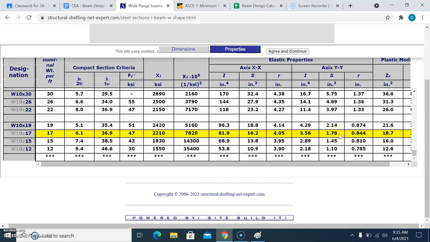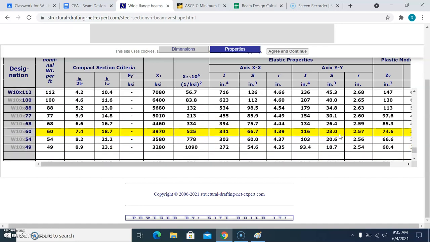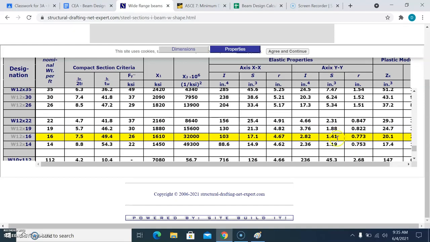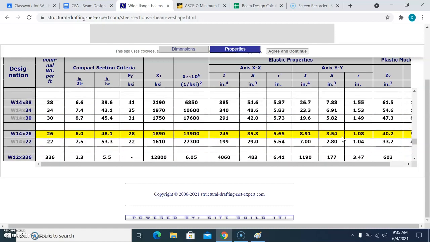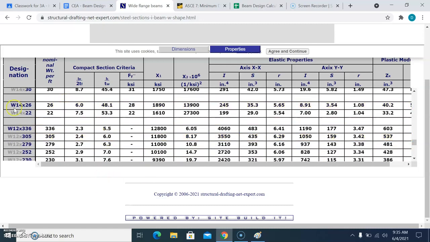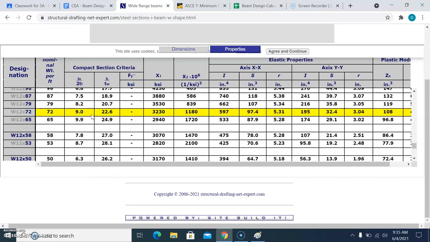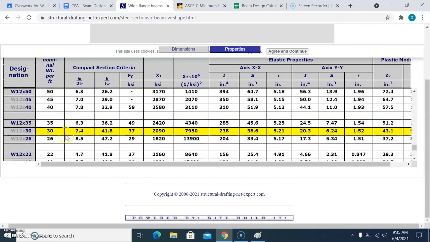So W10 by 17 works. W12 by 16 is even stronger and even lighter. And the lightest W14 is heavier, so I'm going to go with a W12 by 16.